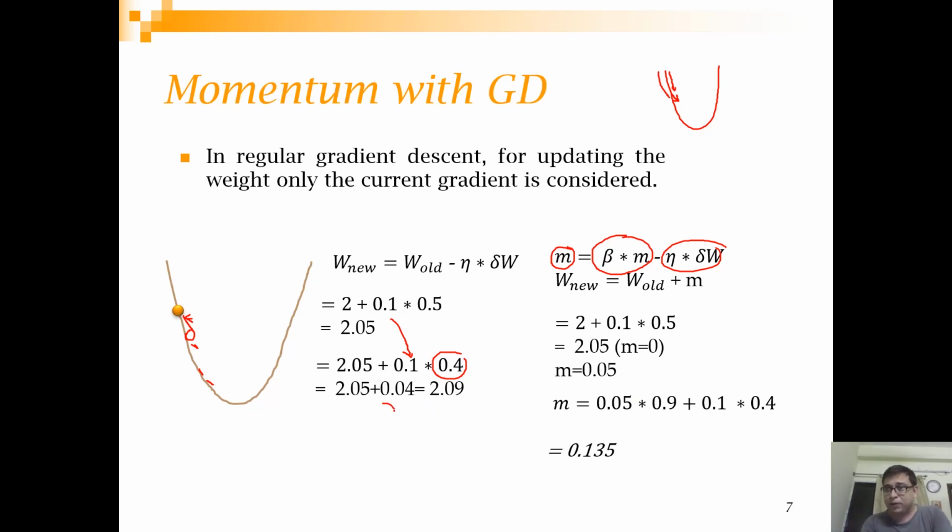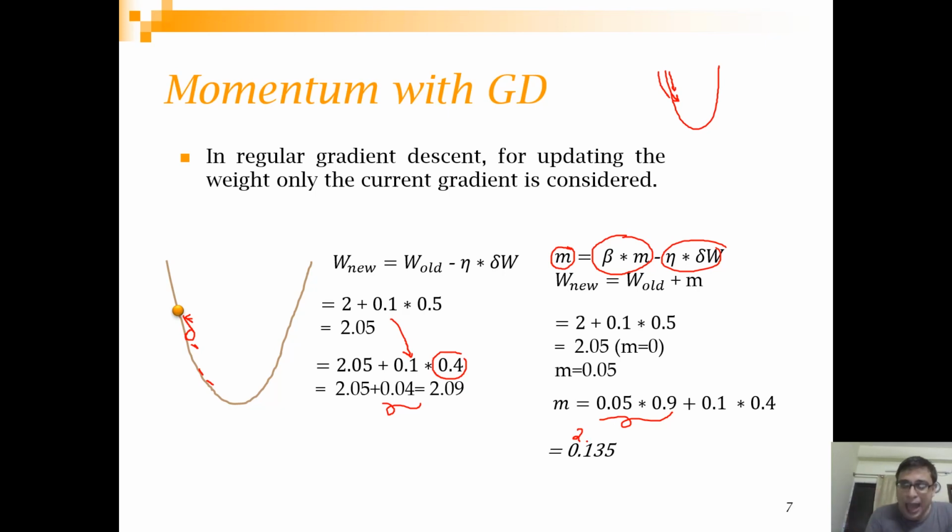This calculation is the same, but this is a term which is getting added. So it becomes 0.135. Whereas in gradient descent we were at 2.09, here we will be at 2.135. So we have moved closer to the optimum.